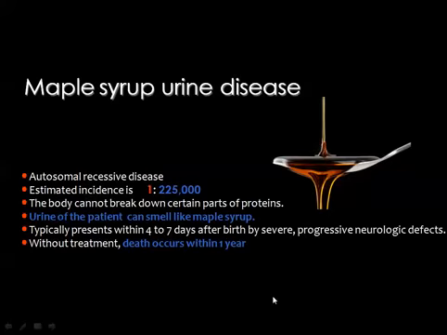And the second disease in this group is maple syrup urine disease. This is an autosomal recessive disease, and compared to phenylketonuria, it is far rarer, and the incidence is 1 in 225,000 population.